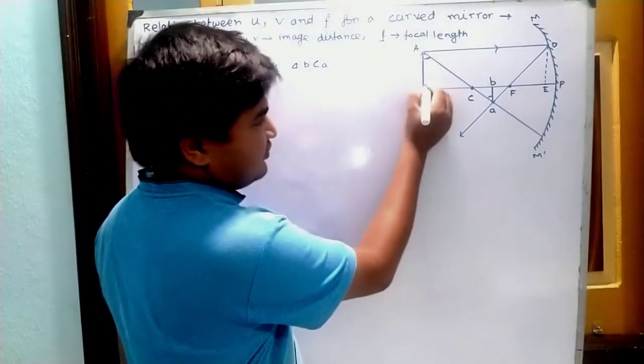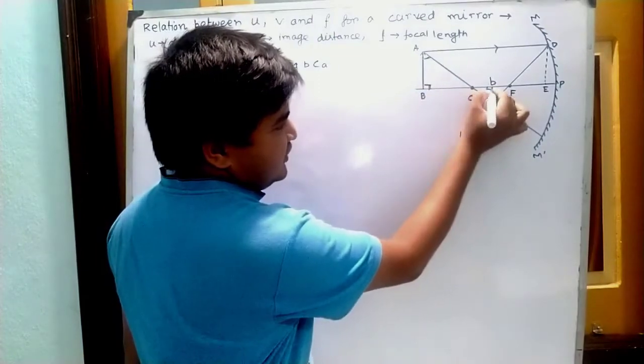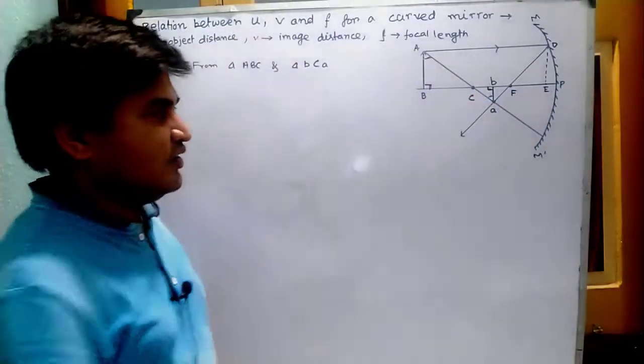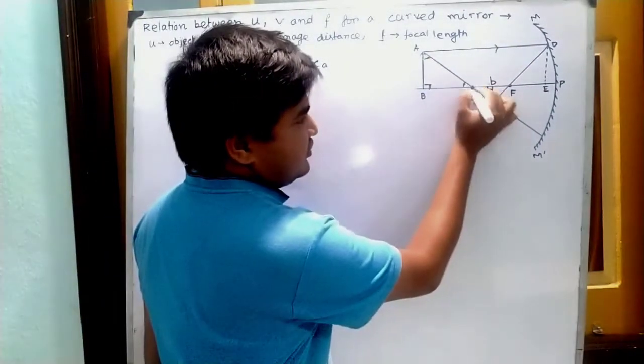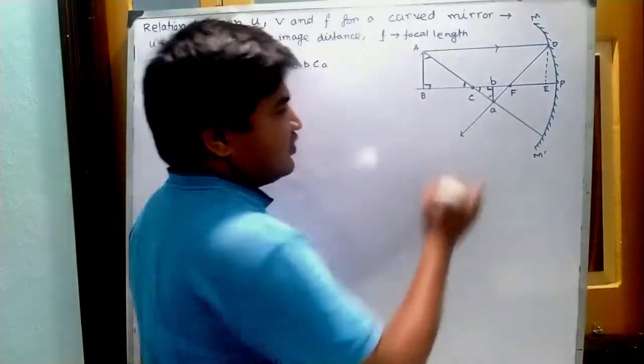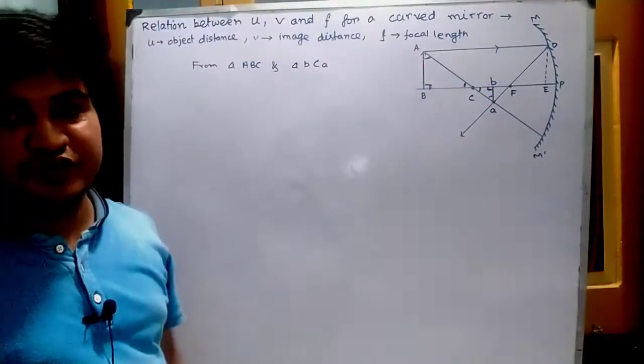Next, these are 90 degrees and these are also equal as they are opposite to each other.